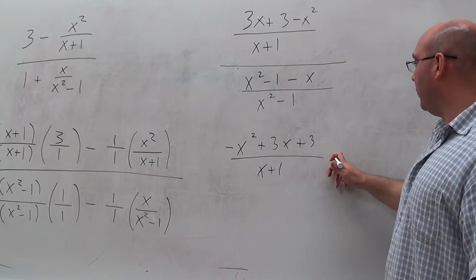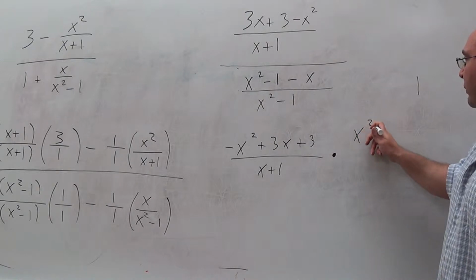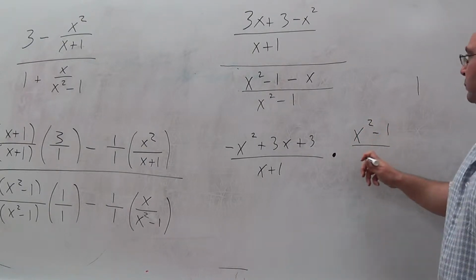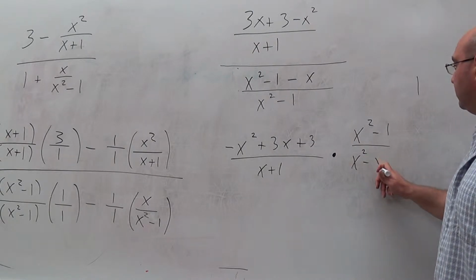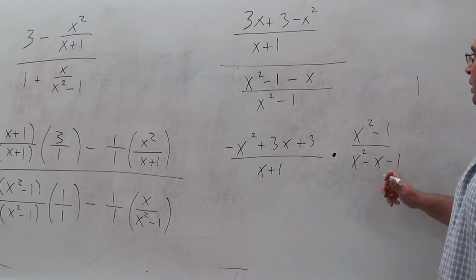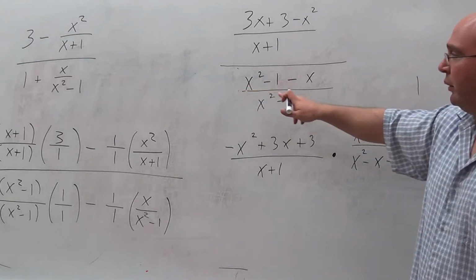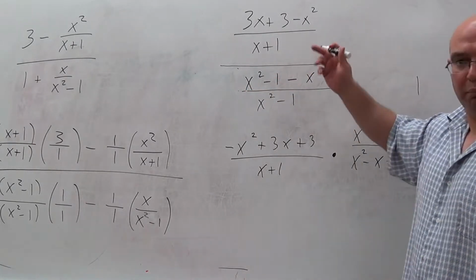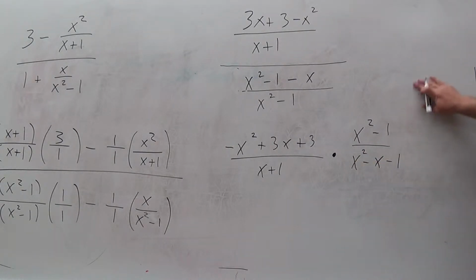So again, we multiply, and now I'm going to use my reciprocal. And from here, I'm going to go ahead and rewrite this as x squared minus 1 minus x to x squared minus x minus 1.